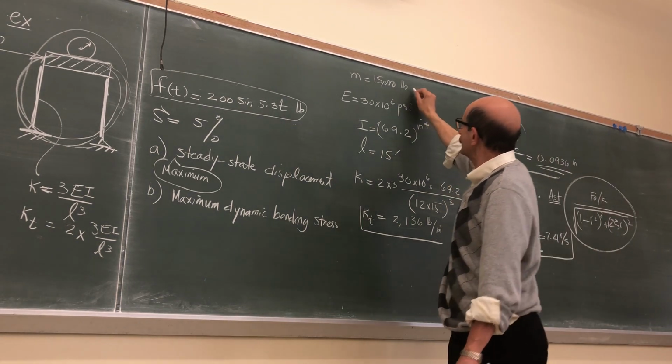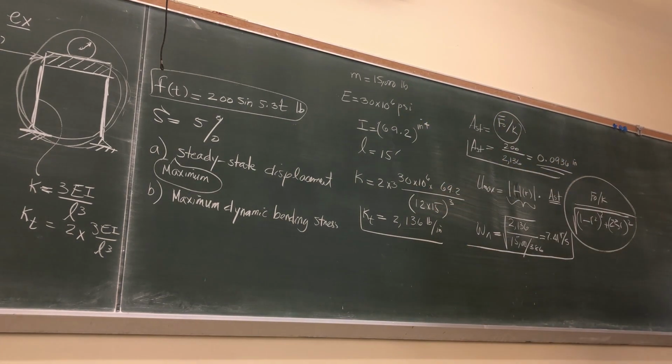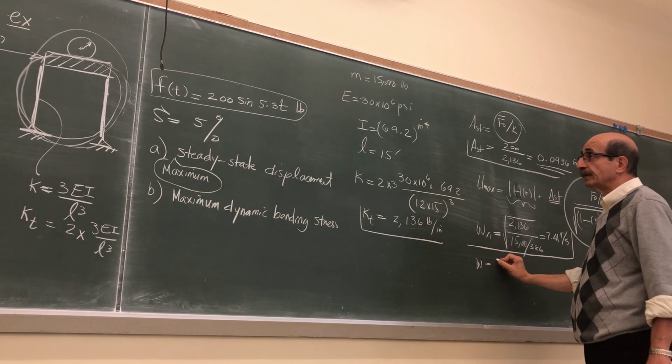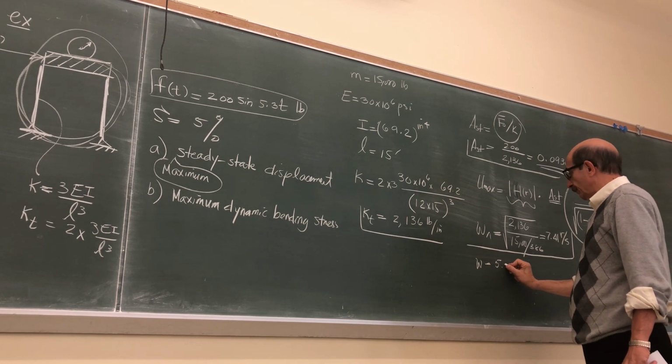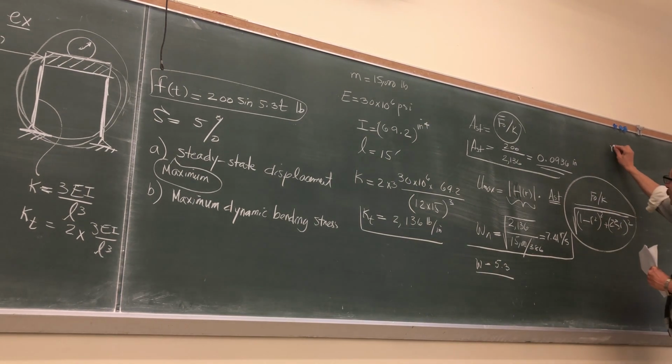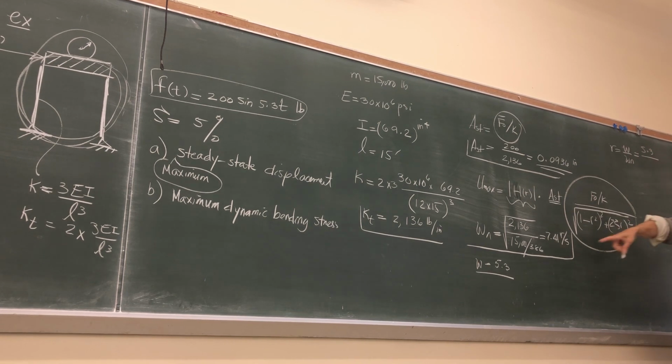So that's the natural frequency, 7.41 radians per second. The forcing frequency is given as 5.3. So R, which is omega over omega n, would be 5.3 divided by 7.41, which is 0.715.